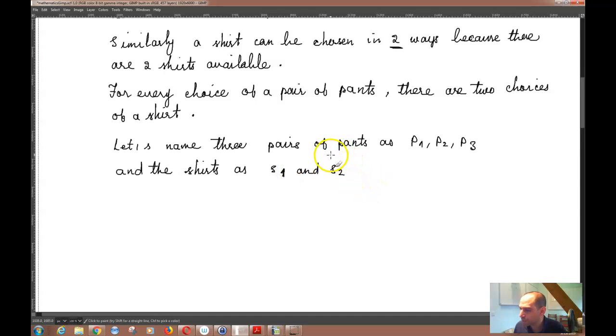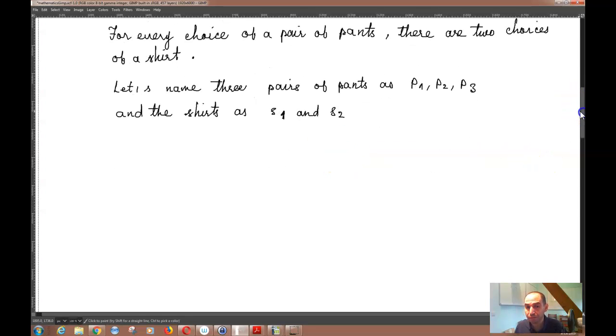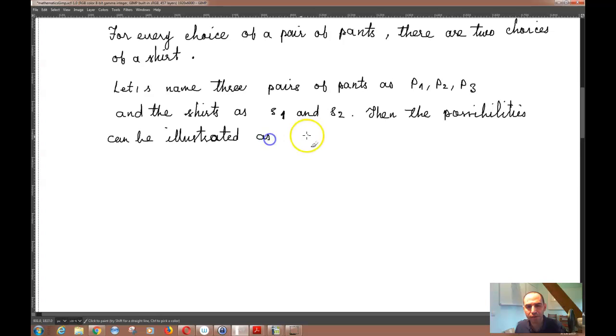Then these 6 possibilities can be illustrated as below.